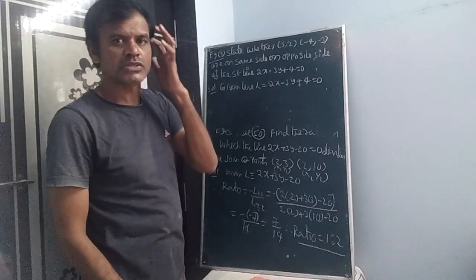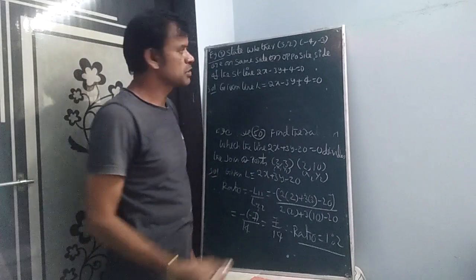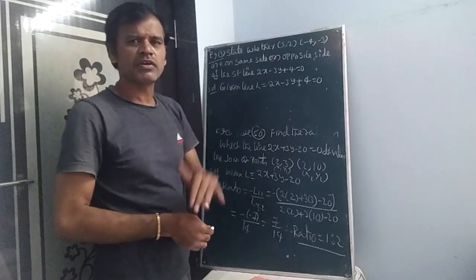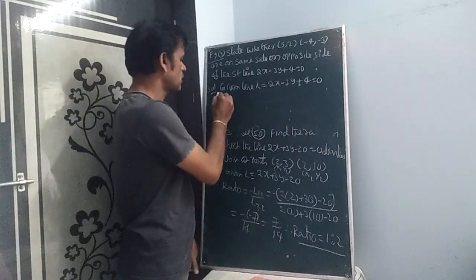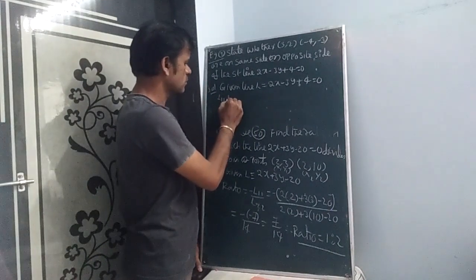The given line L is 2x - 3y + 4 = 0, and we apply the values to get L11 into L22 directly. Apply the values x1, y1 and x2, y2 in ax1 + by1 + c. First, substitute x1, y1 for L11 into L22.